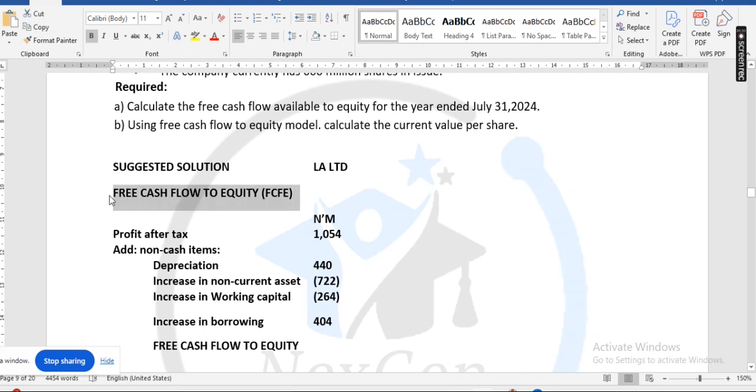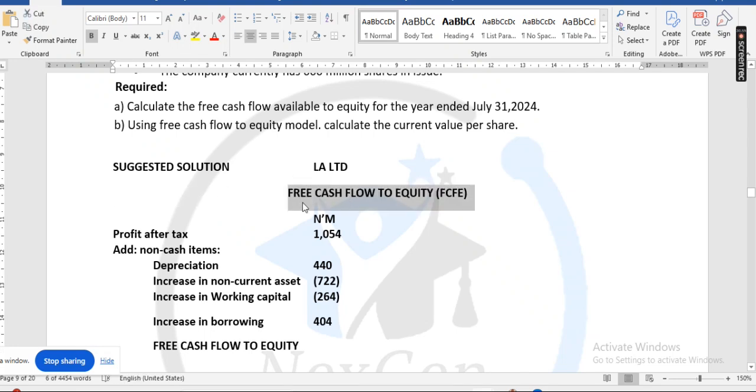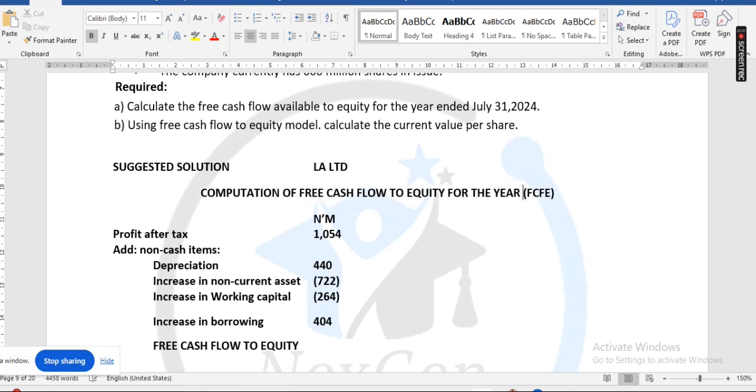Please, these headings are very important, right? Please, you can say computation of free cash flow to equity for the year ended July 31st, 2024. Right.